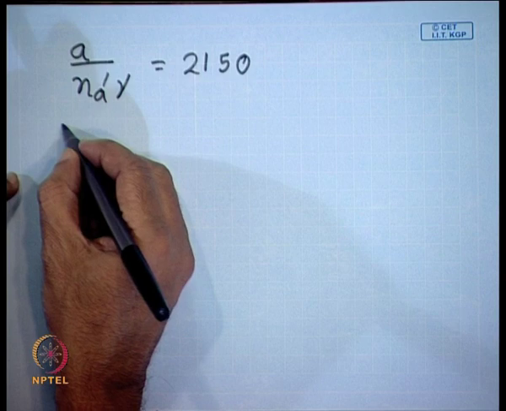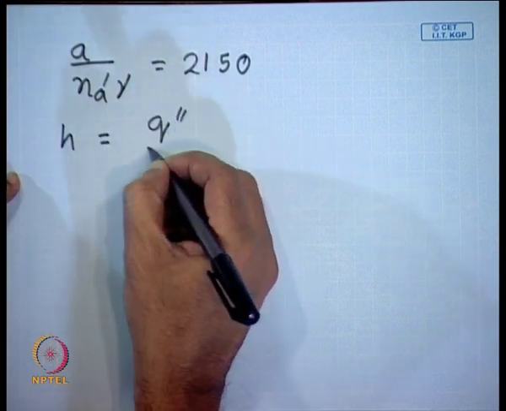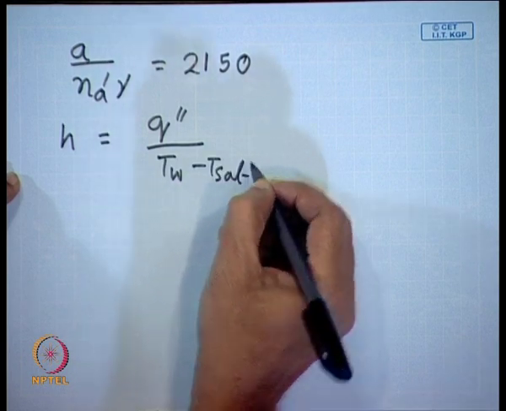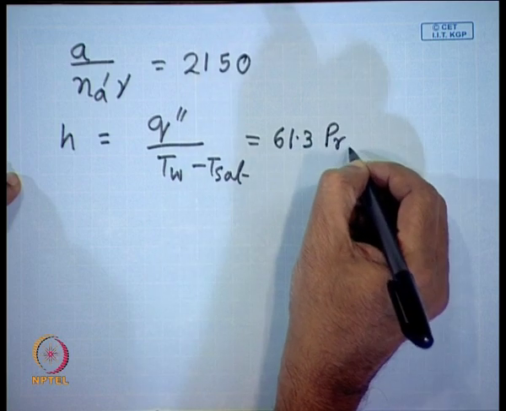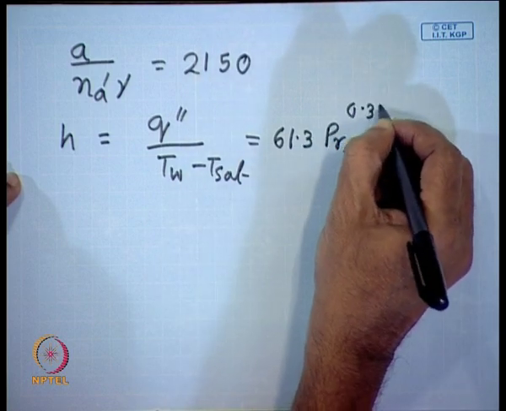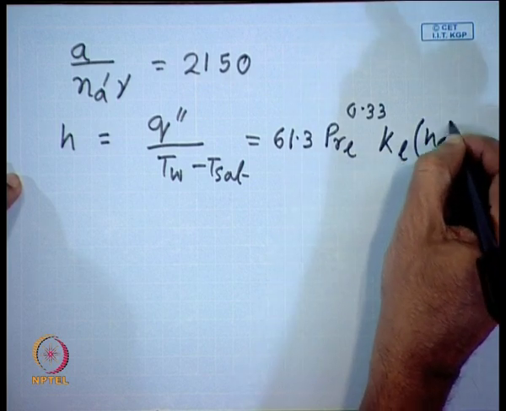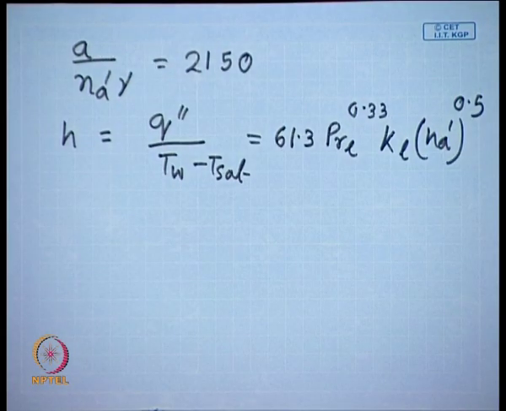So, ultimately H is equal to q by (T_w minus T_saturated), which is equal to 61.3 Pr_L to the power 0.33 K_L N_A dashed to the power 0.5. So, this kind of a relationship has been given. Okay. So, this is one model.